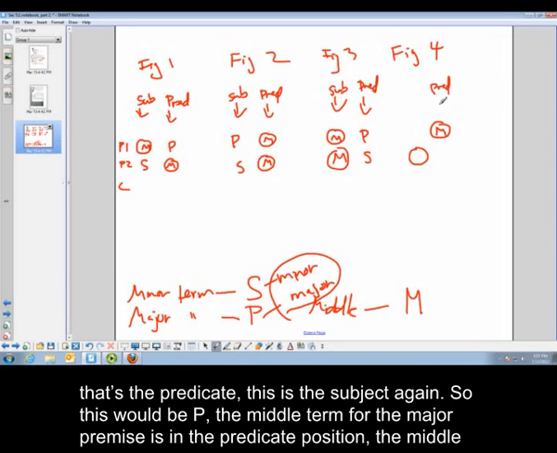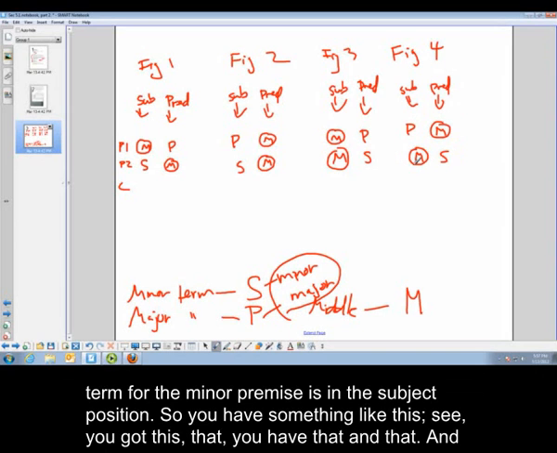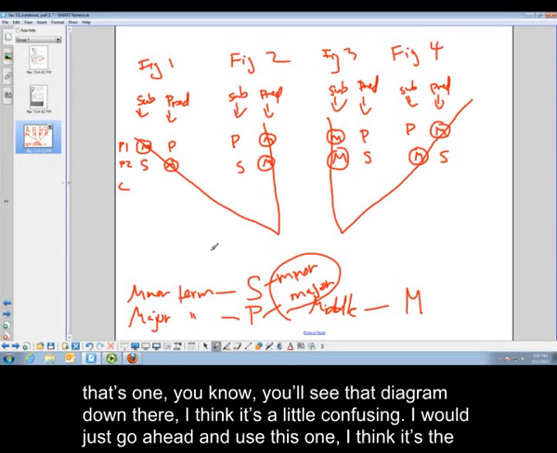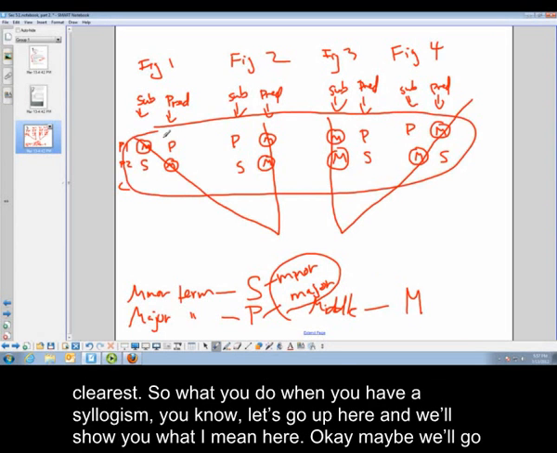You know, that's the predicate. This is the subject again. And so for this would be P. The middle term for the major premise is in the predicate position. The middle term for the minor premise is in the subject position. So you have something like this. See, you got this, that, you have that, and that. And that's one, you know, you'll see that diagram down there. I think it's a little confusing. I would just go ahead and use this one. I think it's the clearest, okay?